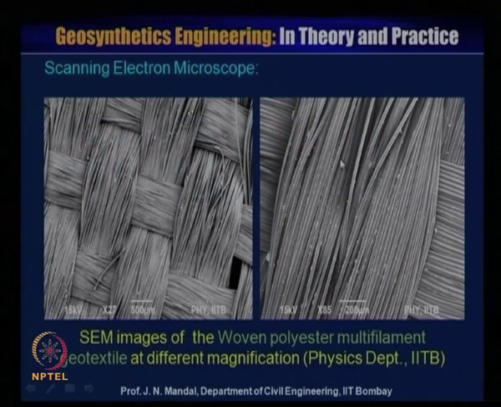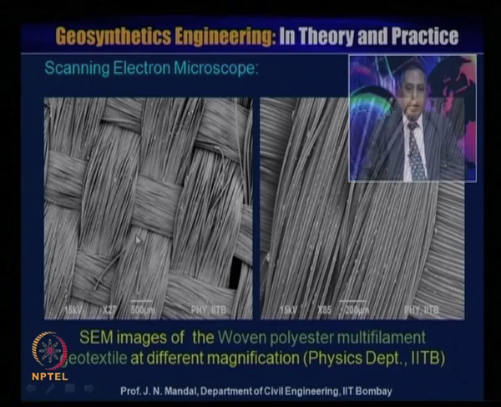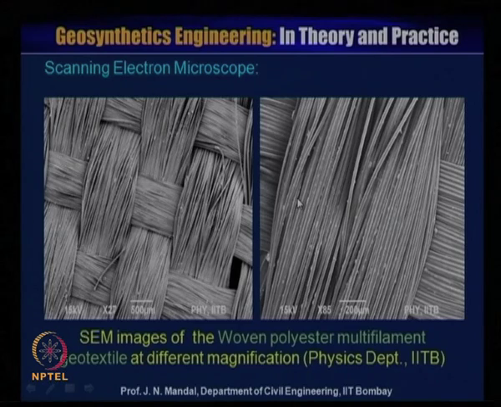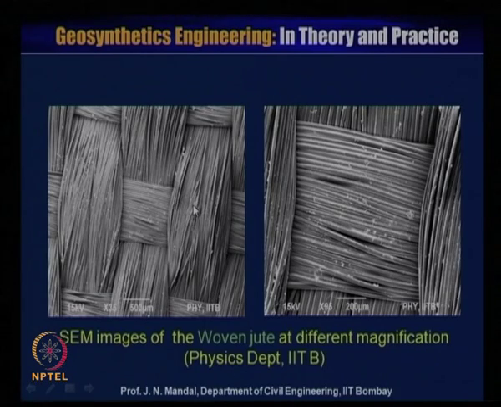This is the scanning electron microscope SEM image for the woven polyester multi-filament geotextile at different magnification. You can see here the filaments. This is the woven geotextile material, multi-filament. In enlarged form, these are the filaments at 200 micron. This is the SEM image of the woven jute geotextile at different magnification.